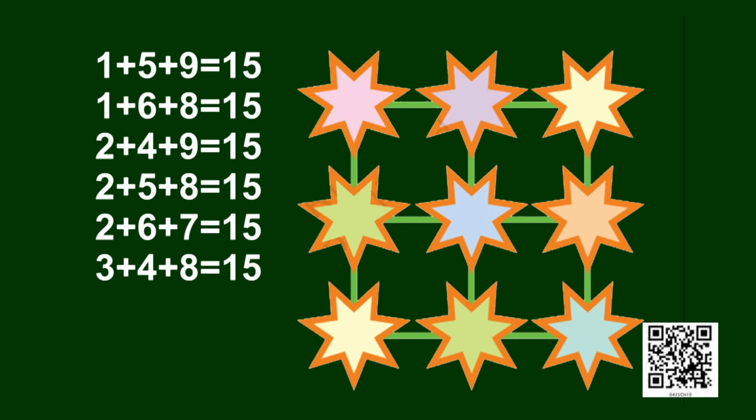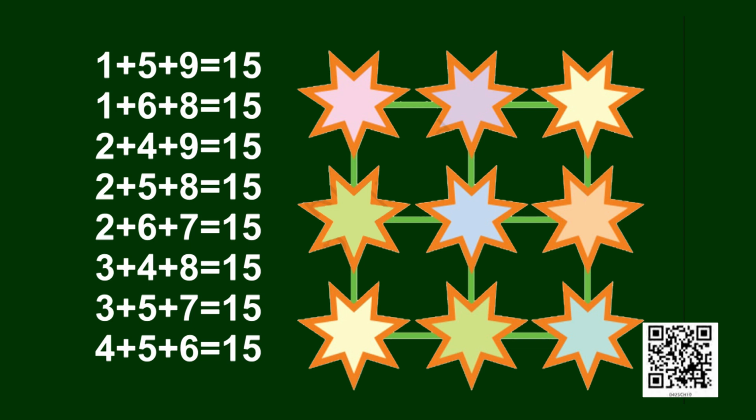Now with 3 we have 3 plus 4 plus 8 equal to 15 and 3 plus 5 plus 7 is equal to 15. And with 4 we have 4 plus 5 plus 6 equal to 15. With 5 if we try to make, we will get any other combination which we have already written. The same thing happens with other numbers.